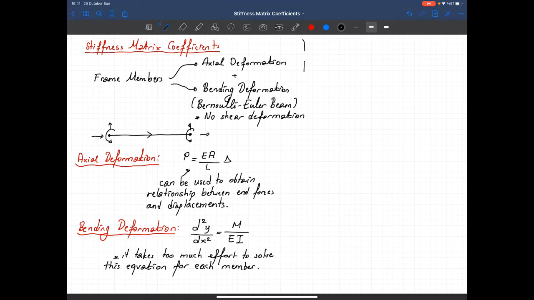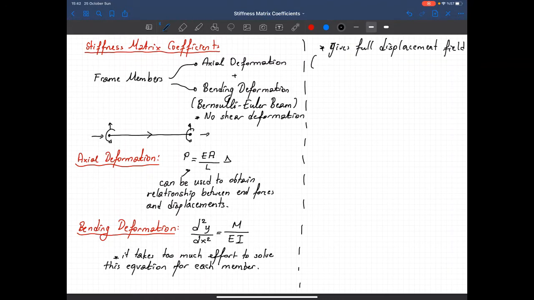Let's say that I solve it, right? What did I get at the end? I obtained the full displacement field. What does displacement field mean?